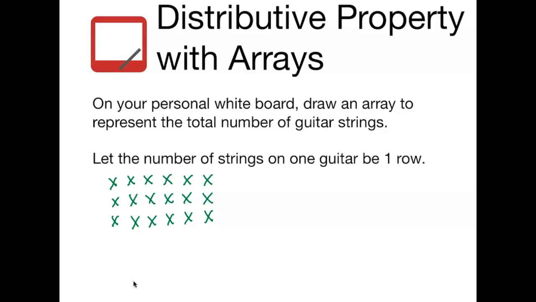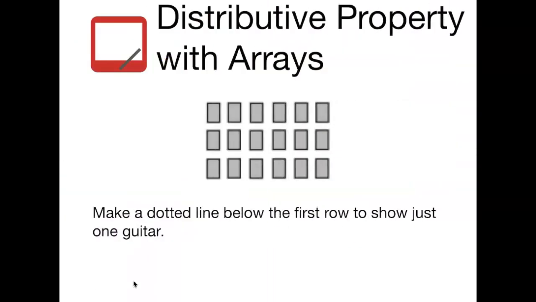So what I want you to do, draw the array and pause the video if you need to. I want you to draw a dotted line to separate that first guitar from all the others. So you're going to draw that dotted line.